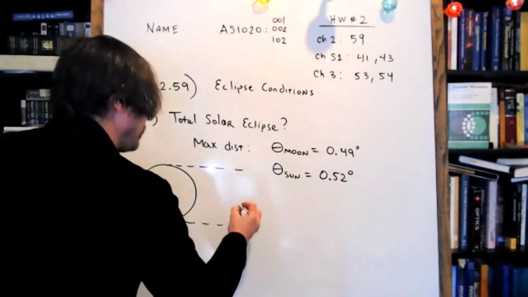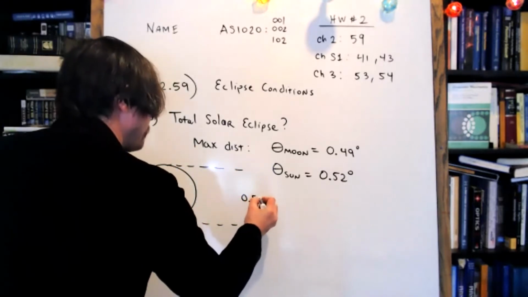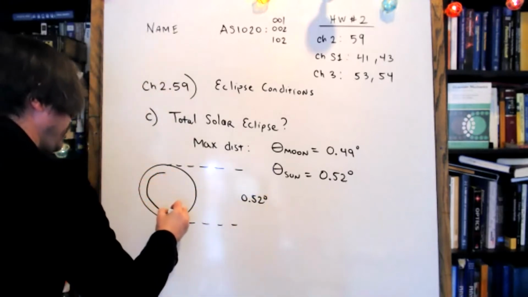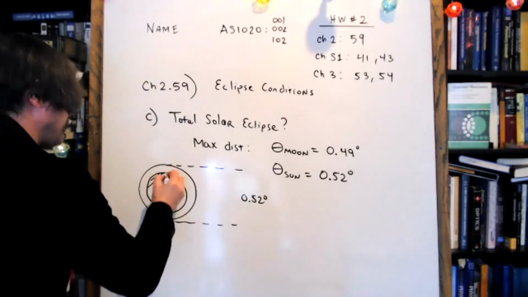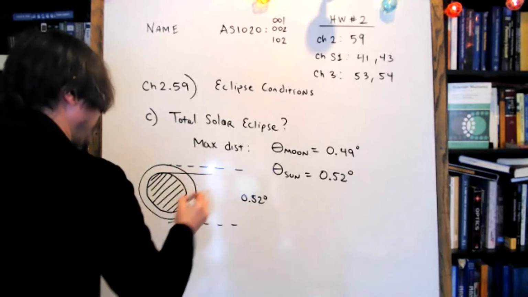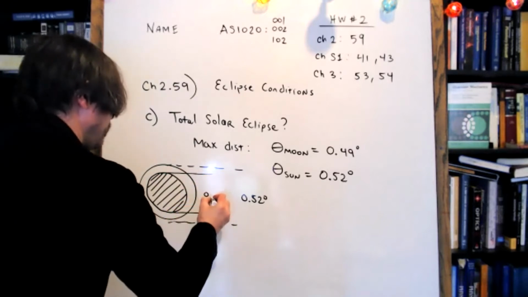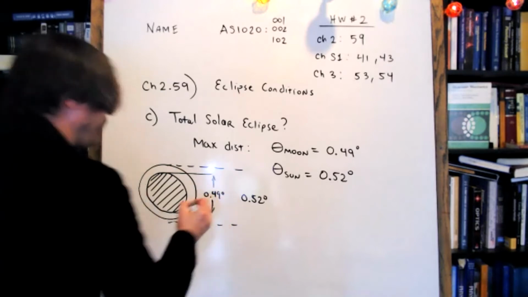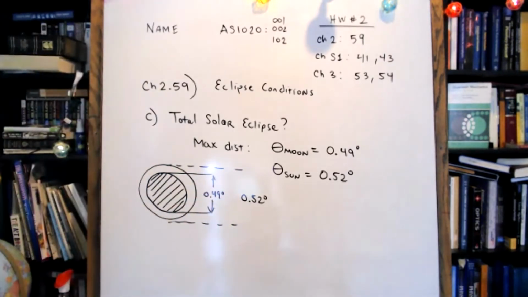The angular size of the sun is 0.52 degrees, but the moon's angular size is a little bit smaller, 0.49 degrees. So it's a 0.03 degree difference. 0.03 degrees might not sound like a lot, but that's about 2 arc minutes, which is significant.